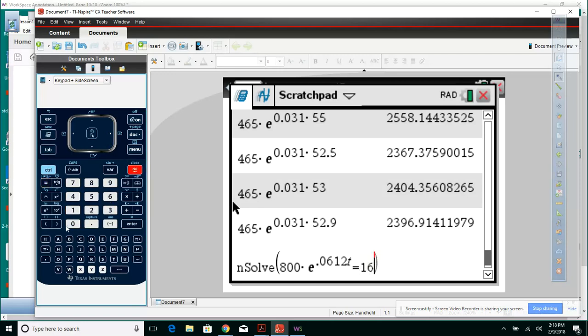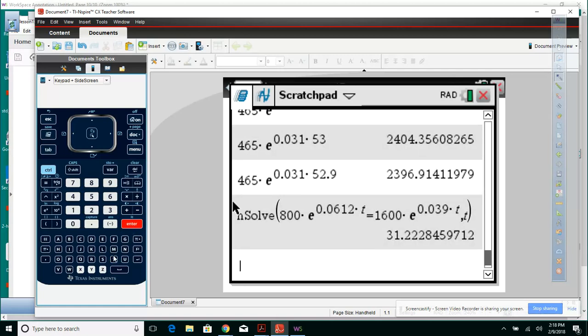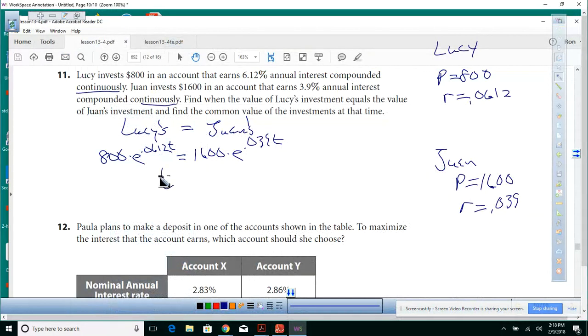Oh, Juan put twice as much in times E, but his interest rate isn't as high, 0.039 T, comma T, enter. And so in 31.2 years, so T is 31.2 years, and we need to know what's the common value.